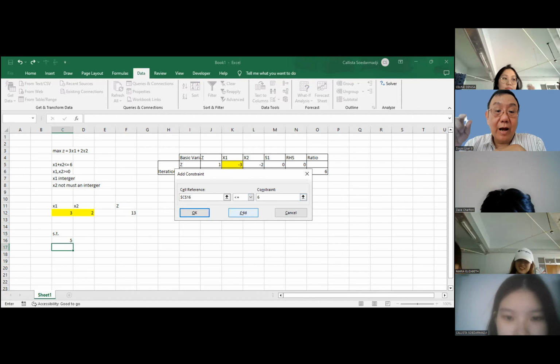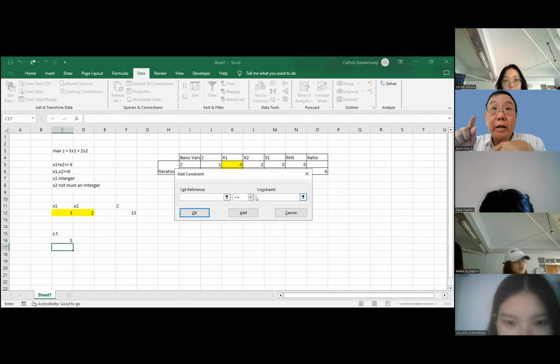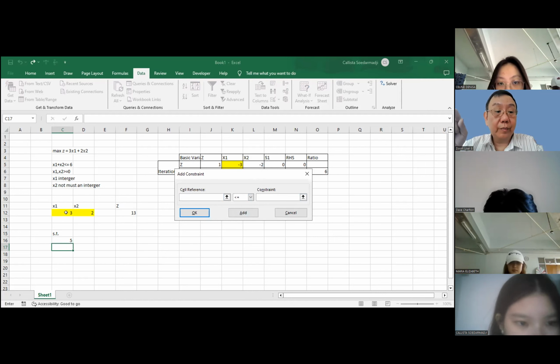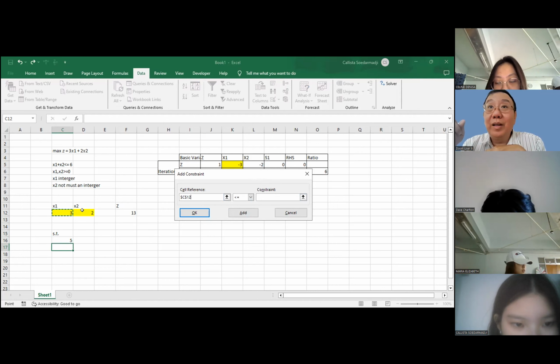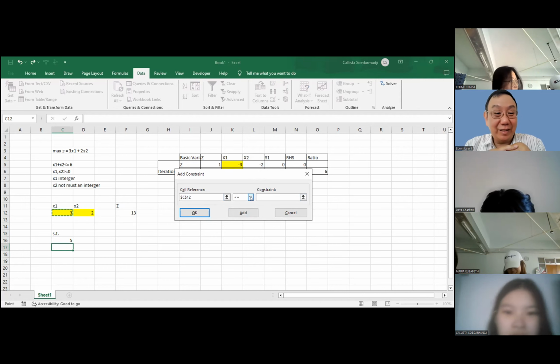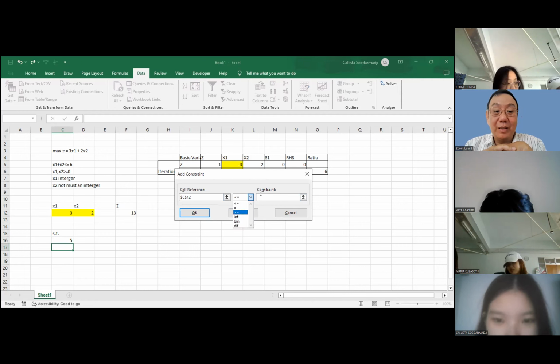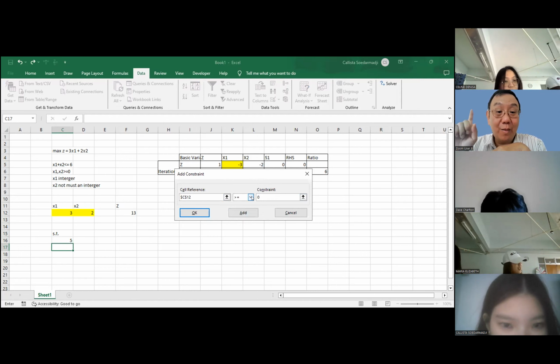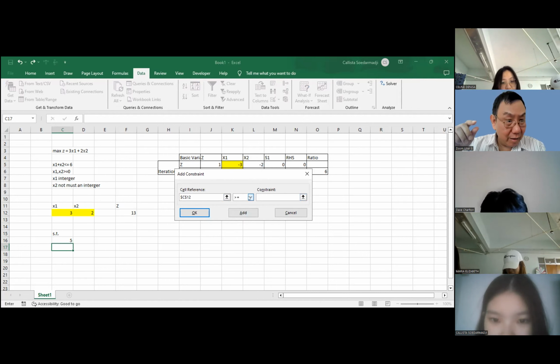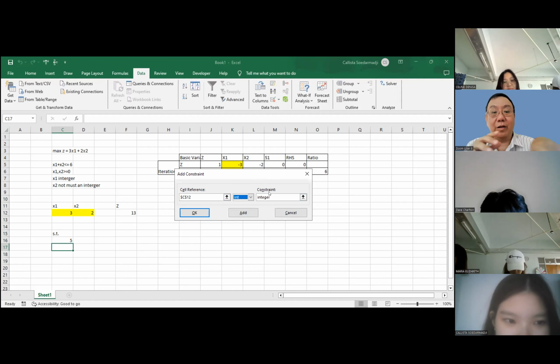Add. And then x1 only, sorry. In your case, mixed integer, so x1 only becomes integer. X1 is C12, integer, correct. Click OK.